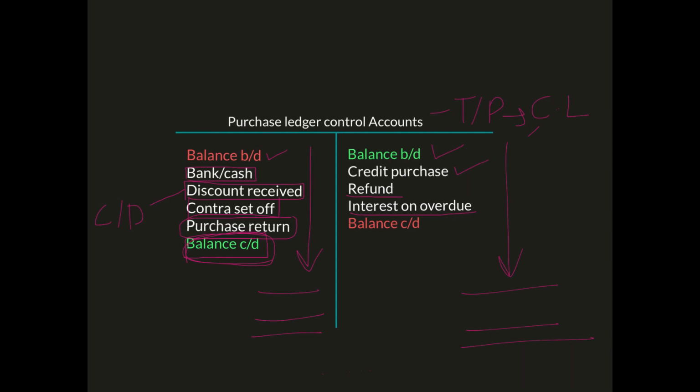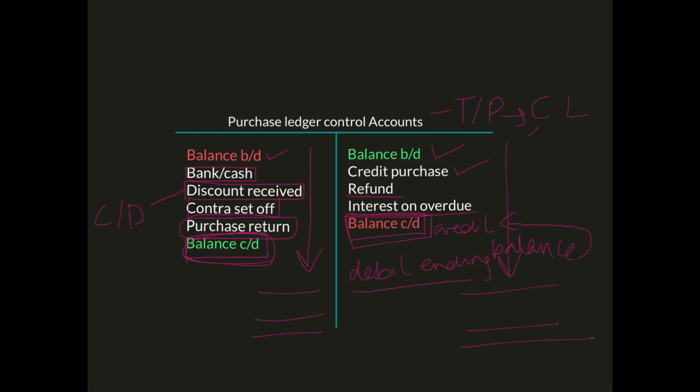Now, what does a credit balance CD mean? In questions, you'll usually be given a debit ending balance, and you have to mention that amount on the credit side as the balance CD. The question will say that this is the debit ending balance, but you have to mention it on the credit side.